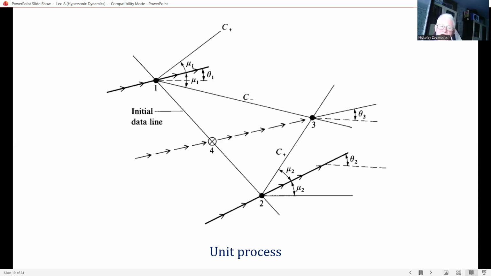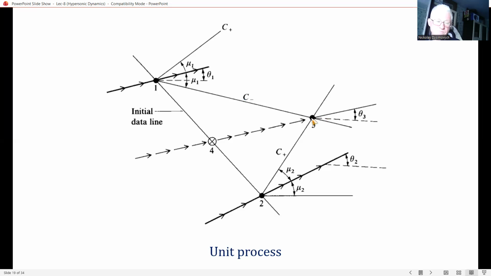We should note that the C sub minus characteristic from point 1 and the C sub plus characteristic from point 2 intersect at point 3. We can see both, right? Thus locating point 3 in this space, and we wish to calculate the flow properties at this point 3.